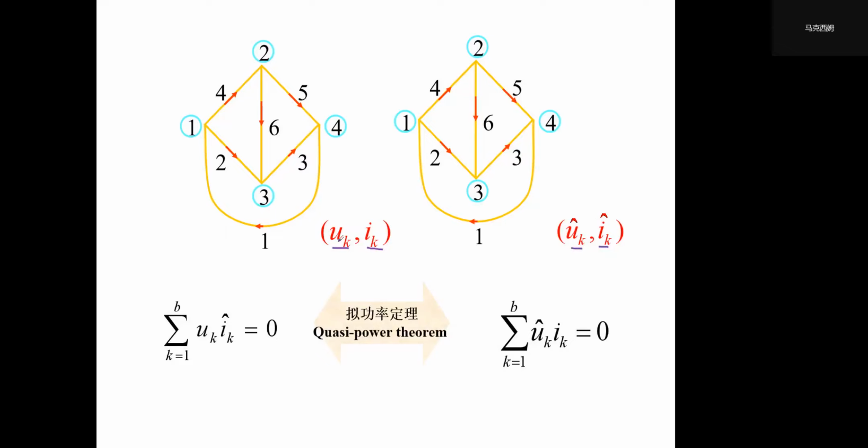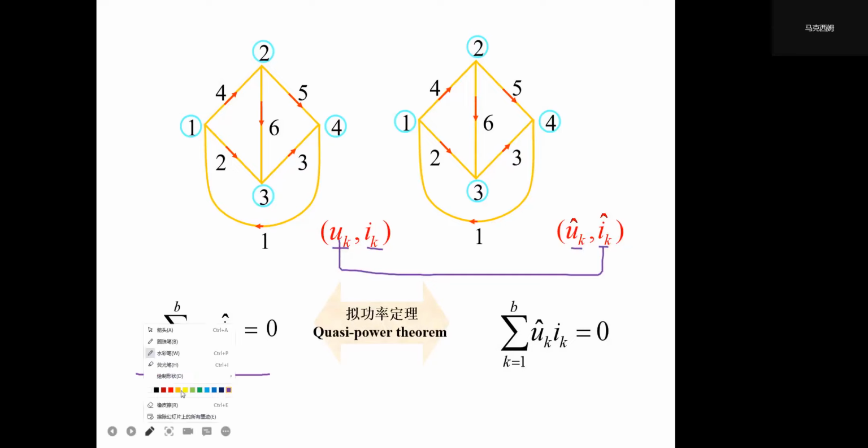So we take the voltage of the first circuit and multiply it by the corresponding branch current in the second circuit. It equals 0.